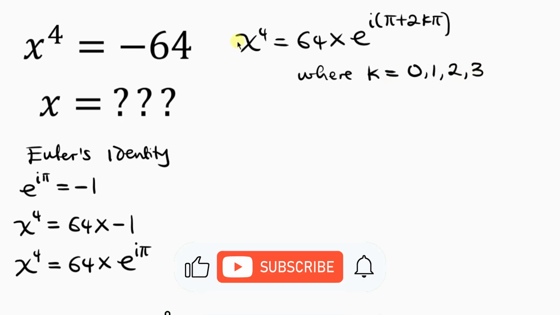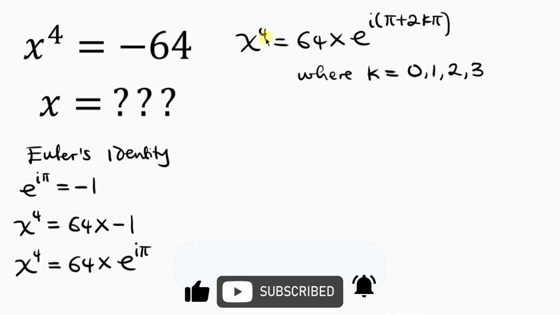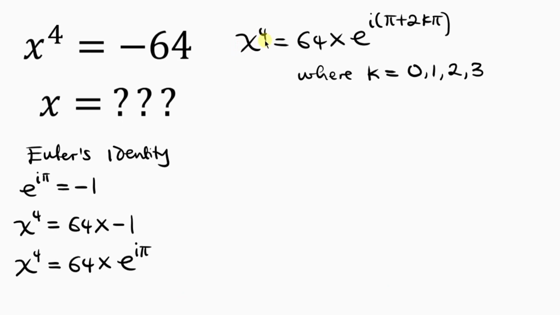Our next step will be for us to take out the power of 4. And how do we do that? It is simply by taking the fourth root of both sides. So x to the fourth, well, the fourth root is the same as a power of 1 over 4. Equal to, we do the same thing to 64.